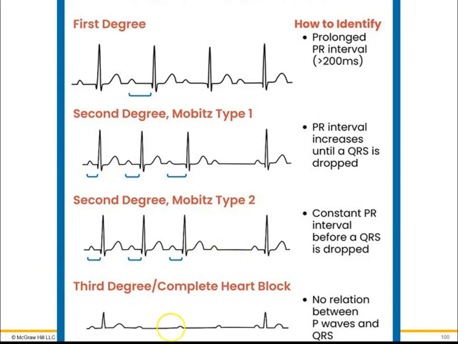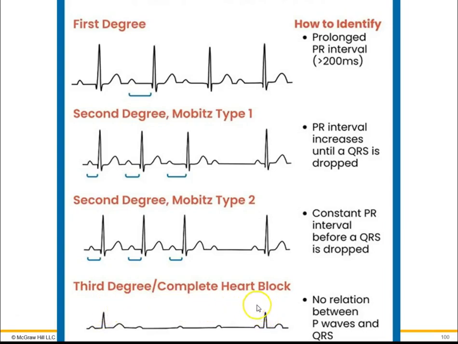And finally, you have third degree or complete heart block. What I want to show you here is look at the P waves. Here's a P wave, here's a P wave, here's a P wave, here's a P wave. Look at how regularly spaced they are. And notice there's not any QRS complexes after these P waves. Here is a QRS complex, and here is a QRS complex, and these guys are beating on their own.